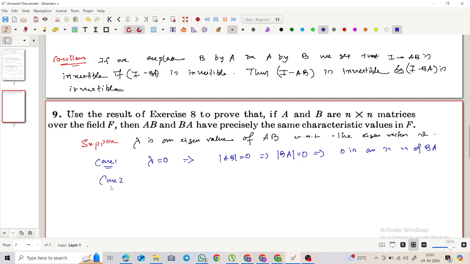Case 2. Lambda not equal to 0. So then ABV equals lambda V implies lambda I minus AB V is 0. This implies lambda I minus AB is not invertible.